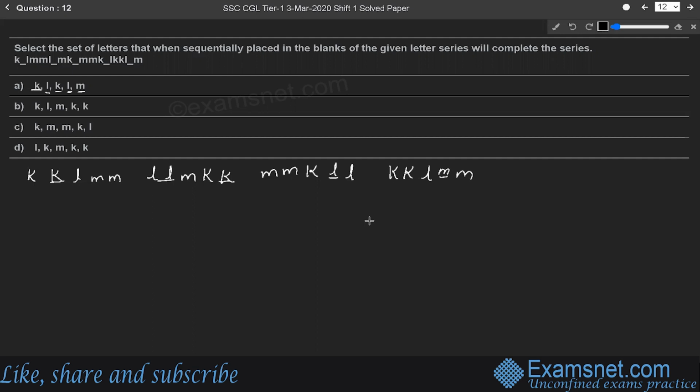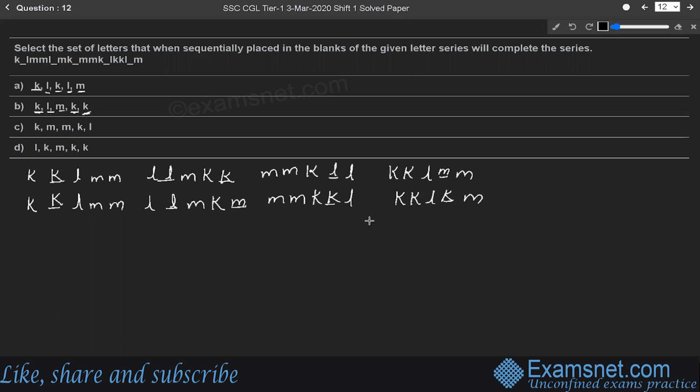First, let us write the series again. K blank L M M, L blank M K blank, M M K blank L and K K L blank M. So if we put second option, then in first blank it will be K, in second blank it will be L, in third blank it will be M, in fourth blank it will be K, in fifth blank it will be K. All right.